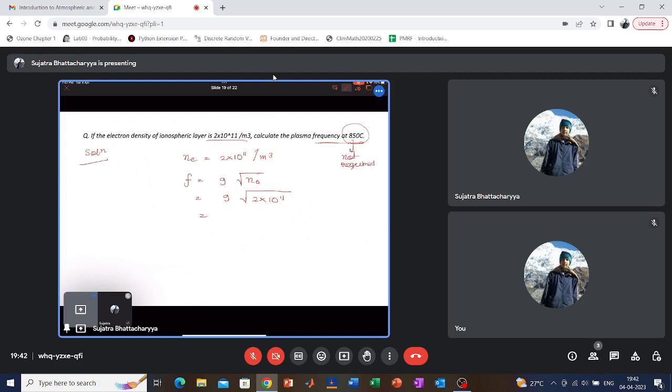Now, if we take the root of this, it's about this into 9, approximately about some 40 megahertz kind of coming, but I have to check it again.